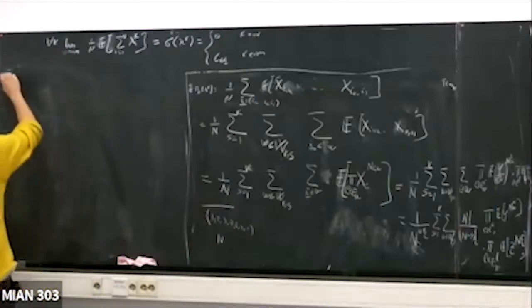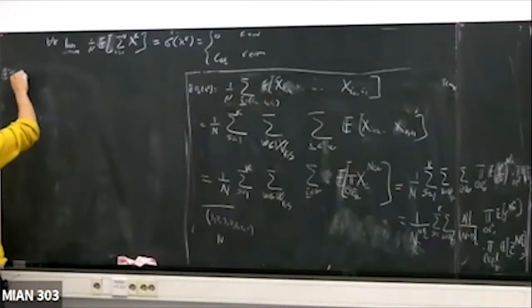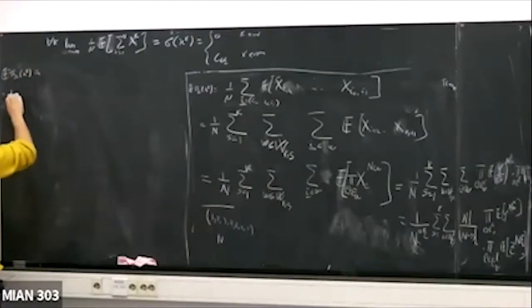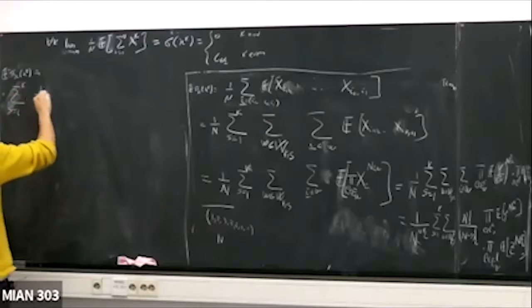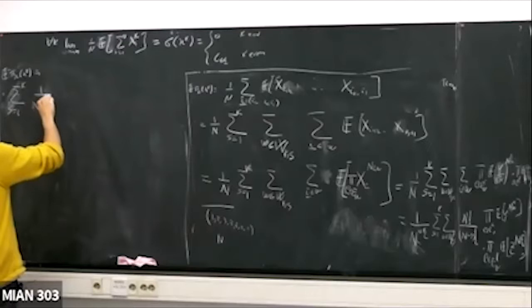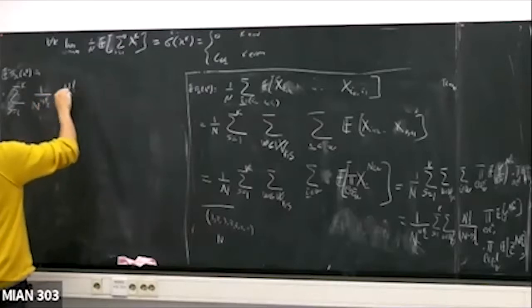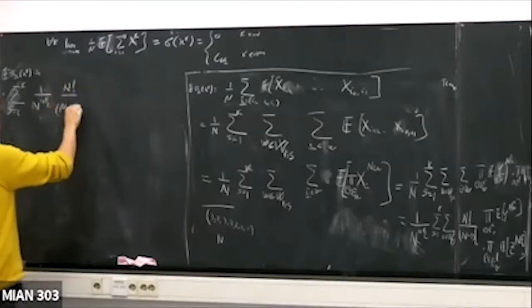So the expected value of the trace of x to the k is the sum over s from 1 to k of 1 over n to the (1 plus k over 2), times n factorial over (n minus s) factorial.